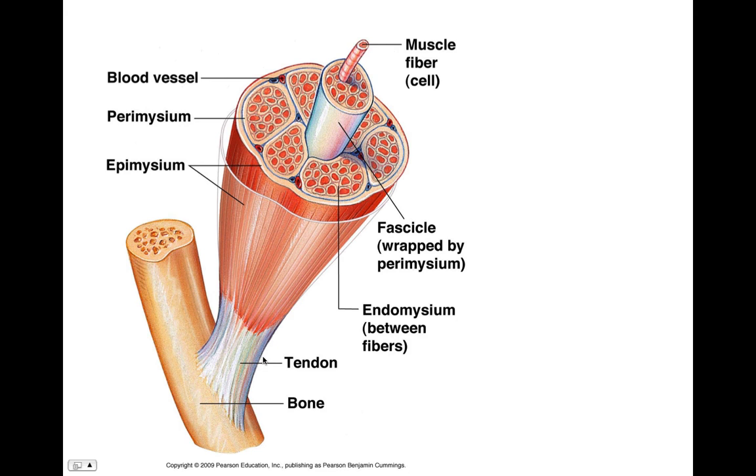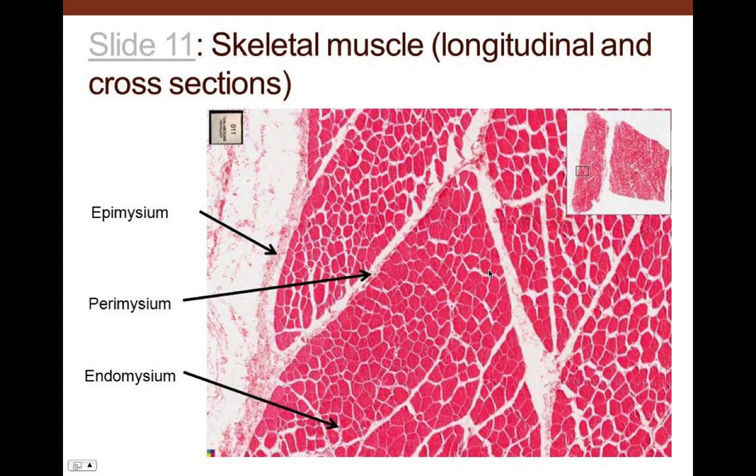So far, so good? So when we look at it under the microscope, we look at the histology, this is kind of what you're going to be seeing. So this is a cross section. It says longitudinal and cross sections. Well, we are only looking at a cross section right here.